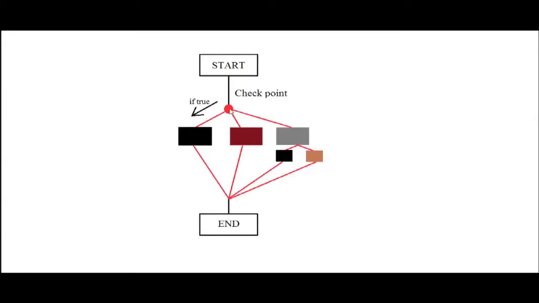Suppose x is not equal to y, so in that case we may have again two options, whether x is greater than y or x is less than y. So again if x is less than y, we may follow this path. If x is greater than y, we will follow this path.